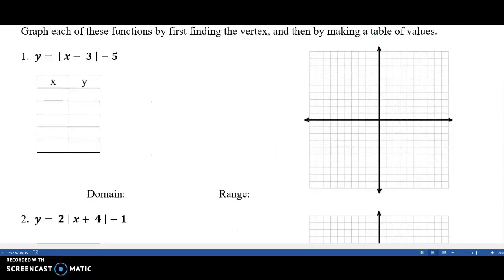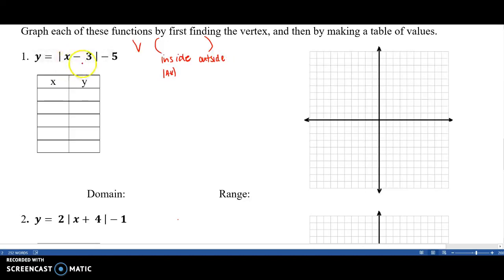Now we're going to practice doing some graphs by first finding the vertex and then making a table of values. So remember, for your vertex, your x value will be inside the absolute value, and then your y value will be outside.